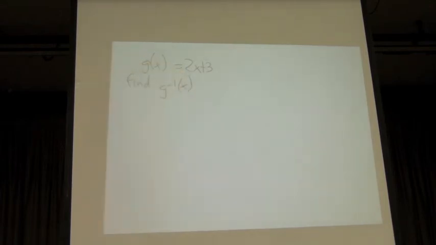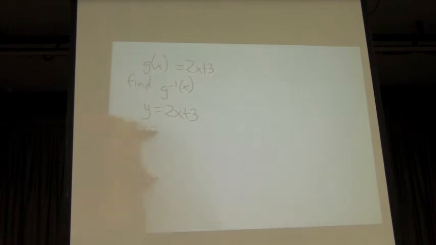If g of x equals 2x plus 3, and you want to find the inverse of g of x, the steps go like this. You change g of x to y. You say y equals 2x plus 3. Now you let the x and the y switch.